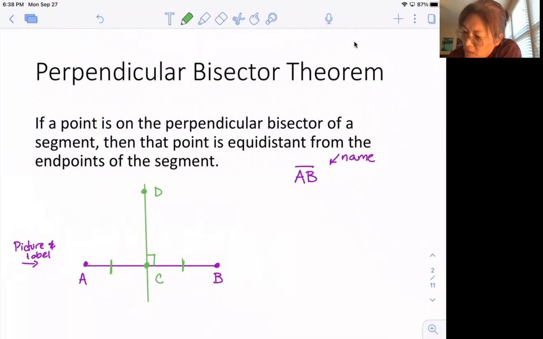Notice I'm changing my symbols to indicate three lines, but we have that idea of things being congruent. It looks like my screen share stops, so I'm going to press connect again.